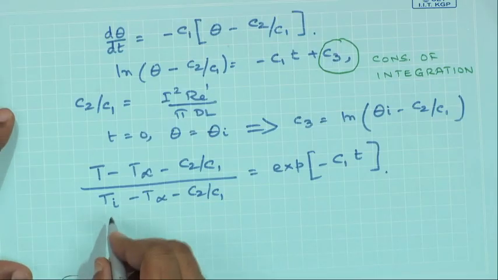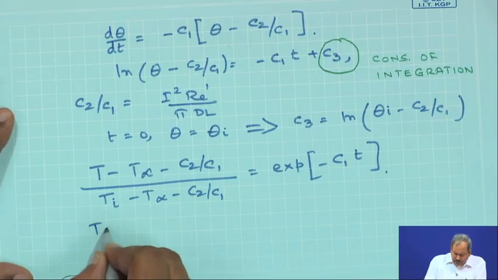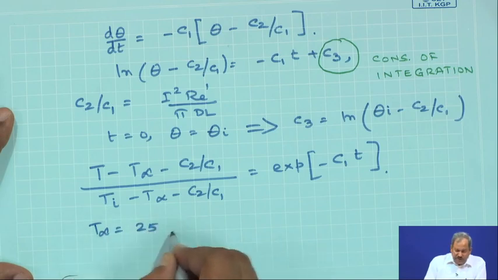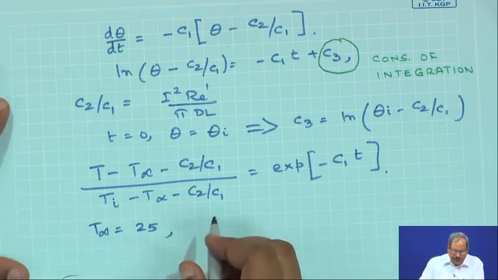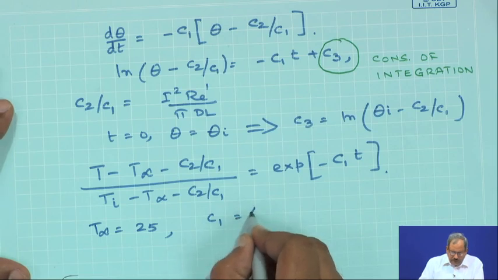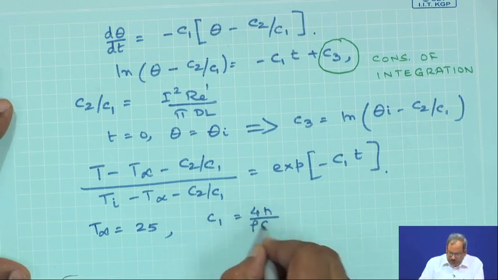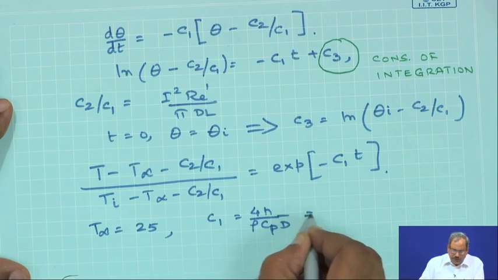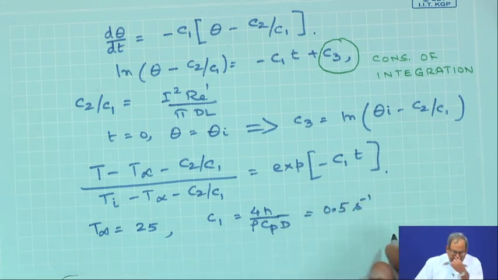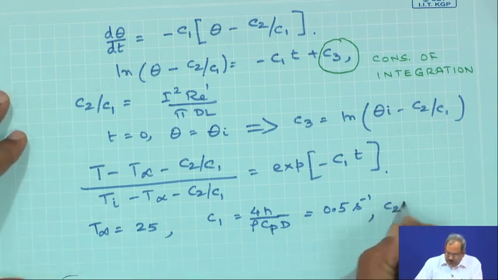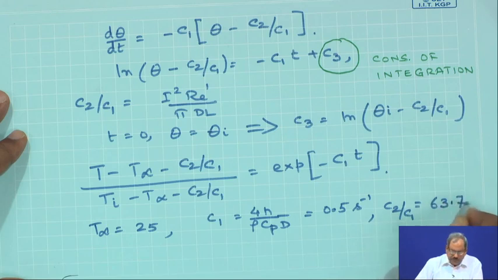So, when you put the values in here, your T infinity is 25, and the value of C 1 you can calculate as h by rho C p d, which should turn out to be 0.5 second inverse, and C 2 by C 1 once you put the values should be 63.7.